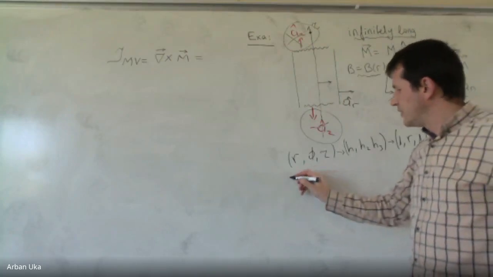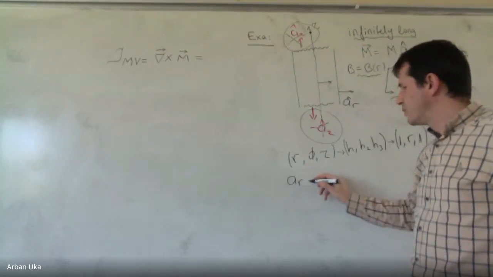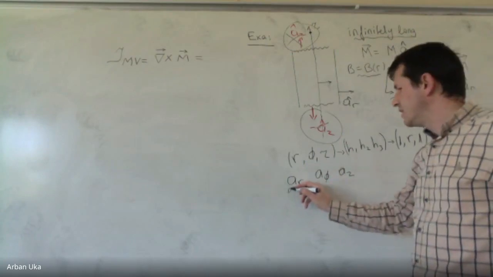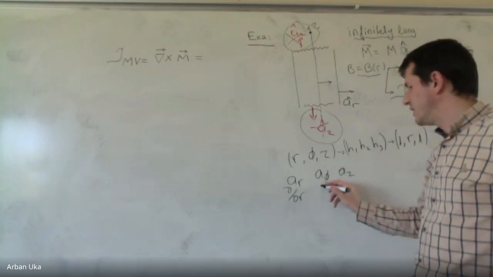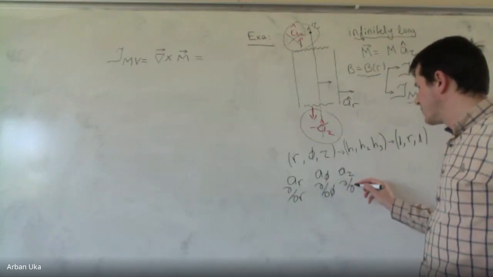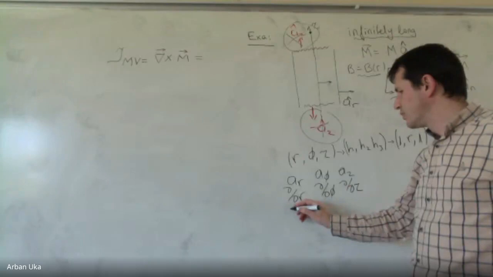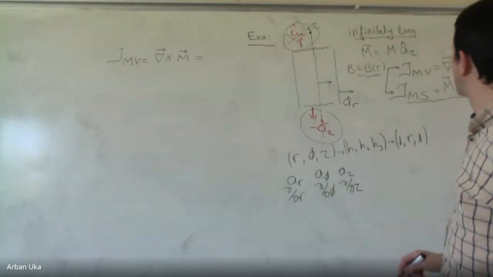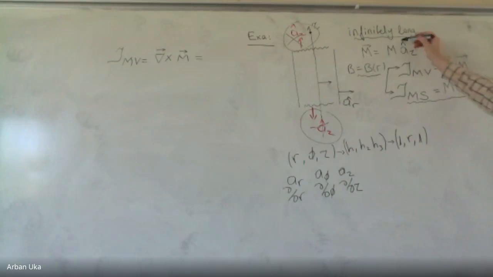Then, to calculate the curl, we put here a_r, a_phi, and a_z, and here we have the derivative with respect to r, the derivative with respect to phi, and the derivative with respect to z. And here we put M_r. What is M_r here? It's 0, that's correct.